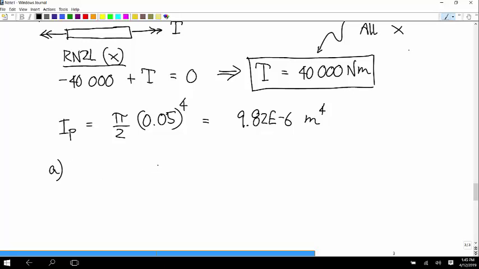For part A, the point that we're interested in is this. In this case, our capital coordinate system is equal to our actual coordinate system.